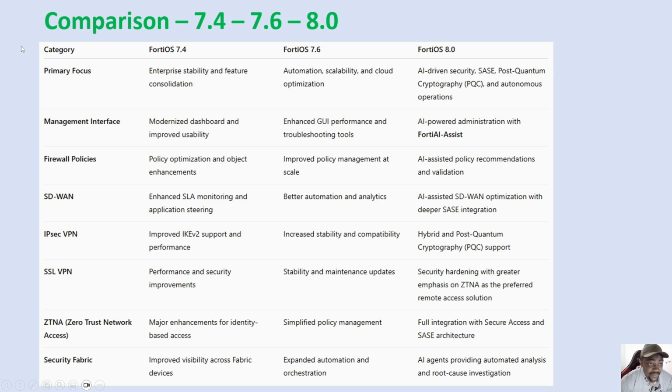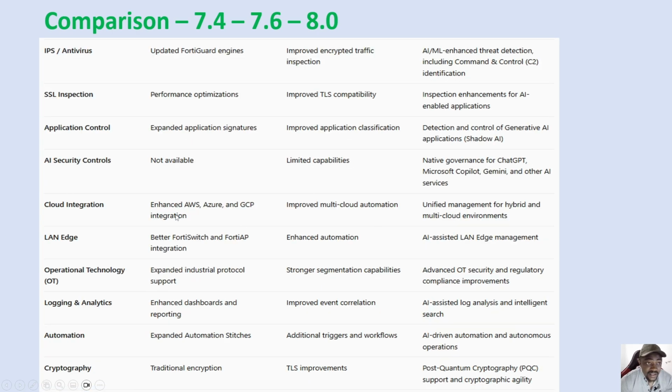In this comparison, you will see features like firewall policy, SD-WAN, IPsec, ZTNA, and security fabric. I have this comparison on two slides. On the other slide, you see security profiles and everything related to operational technology. What I just wanted you all to see is that on FortiOS 8.0, most of the new features are related to AI.